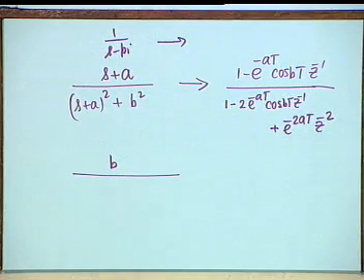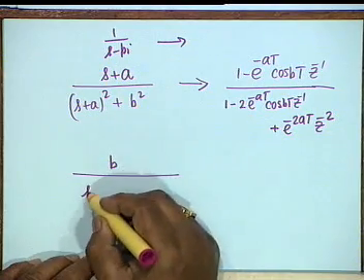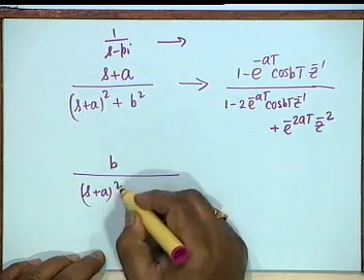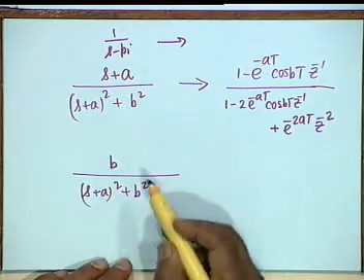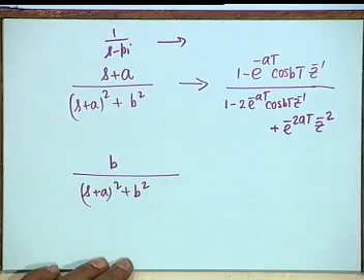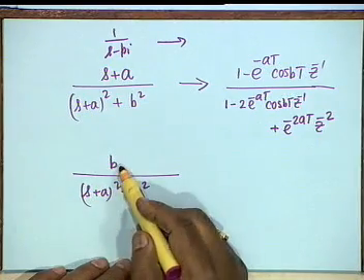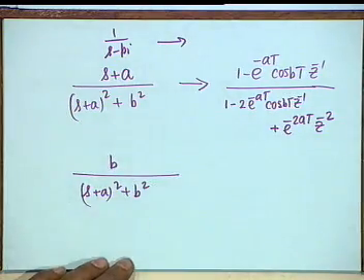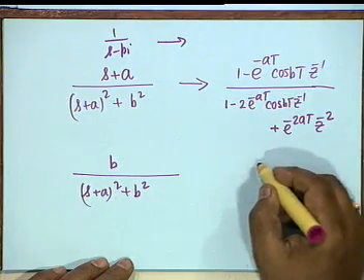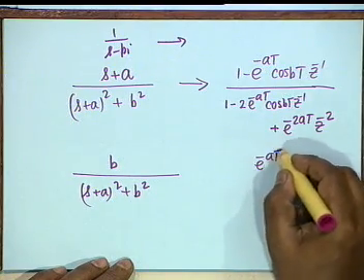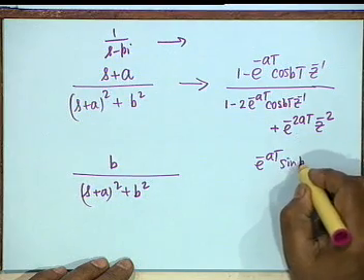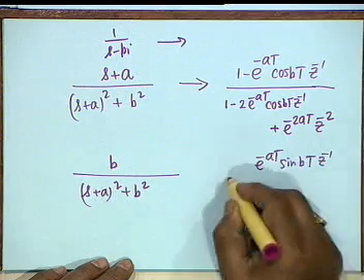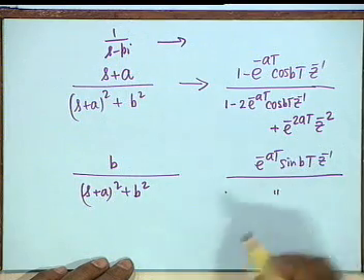It is not a linear function of s. If it is a constant, s plus a whole square plus b square, remember this b is the same as this b. So, if the numerator is not b, then you have to bring b by scaling. Alright. So, this goes as e to the minus aT, you can guess correctly, it is sine bT z inverse divided by the same denominator.